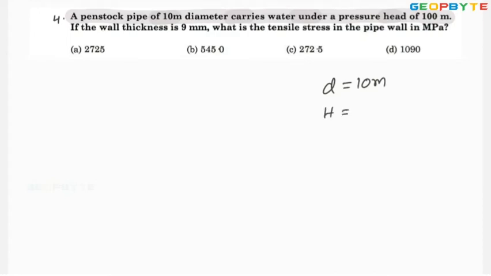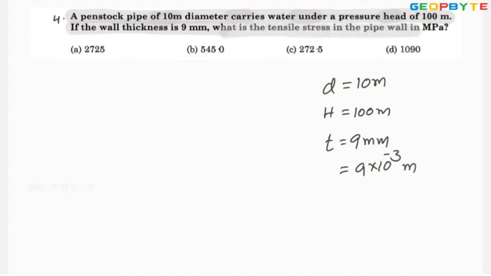Pressure head is given 100 meters. If the wall thickness is 9 mm, thickness of the wall equal to 9 millimeters equal to 9 into 10 raised to minus 3 meters. What is the tensile stress in the pipe in megapascal?